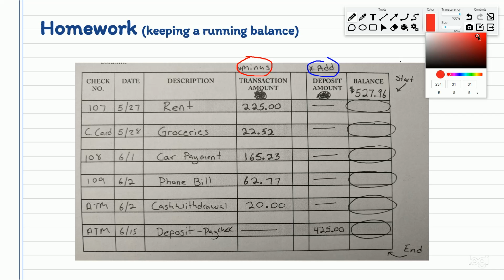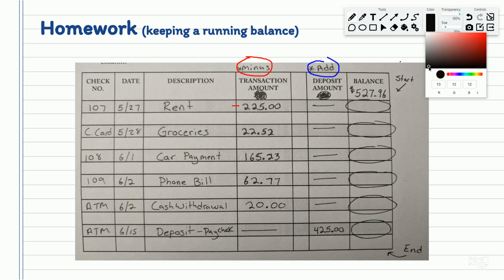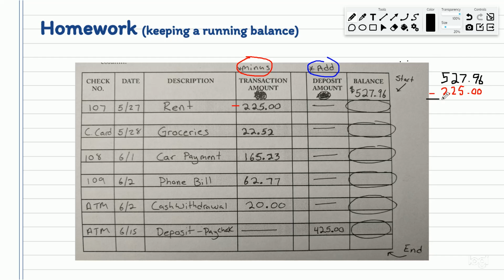And the first thing that you are doing is we are going to be subtracting $225 from that. So minus $225.00. So I'm going to follow the rules that we were just talking about on the previous page. My signs are the same. And I'm just going to subtract them normally.